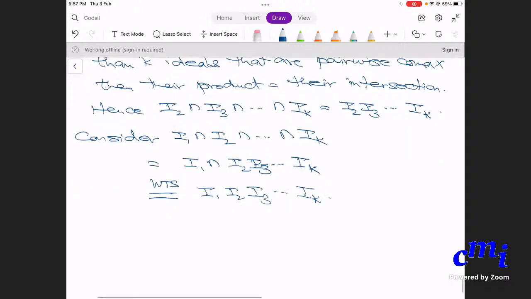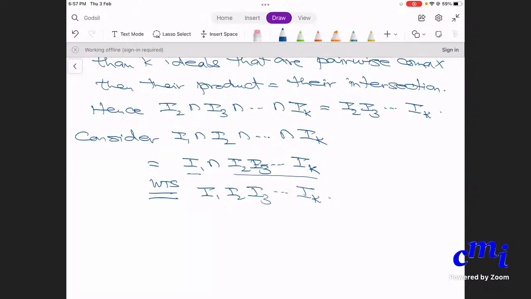Now I would be able to do it if you knew that this ideal and this ideal are co-maximal. If you knew that I1 and the product of I2 up to IK are co-maximal, then we have already done the k equal to 2 case. So by the k equal to 2 case, we will have proved it.